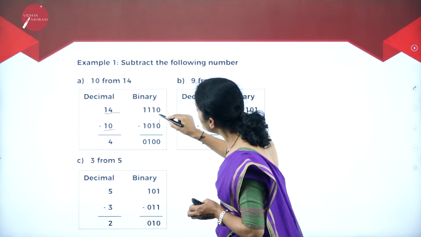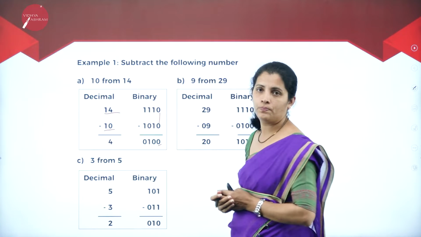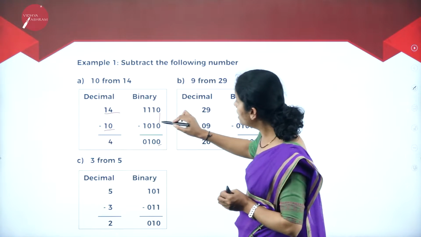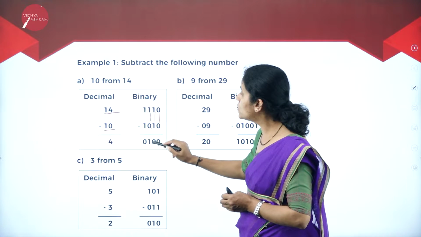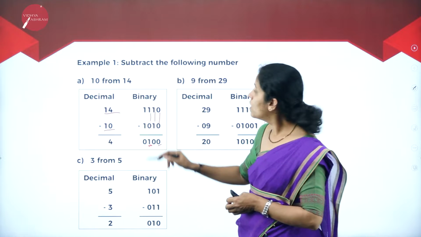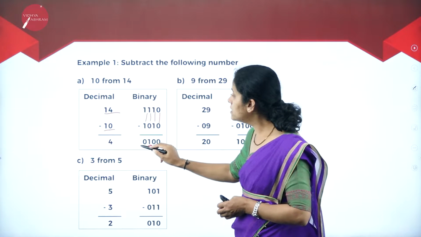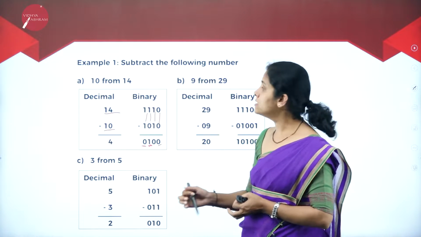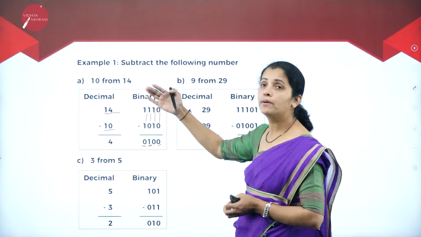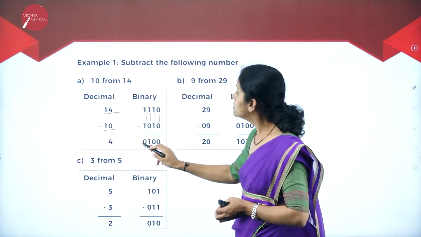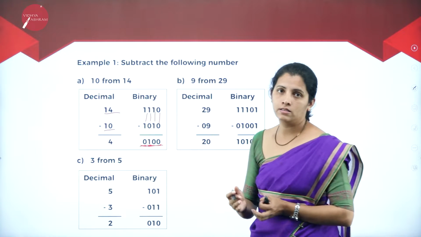So 0 minus 0 is 0. 1 minus 0 is 1. 1 minus 0 is 1. 1 minus 1 is 0. It's a simple subtraction, and here I won't get any borrow. So this is the final result.